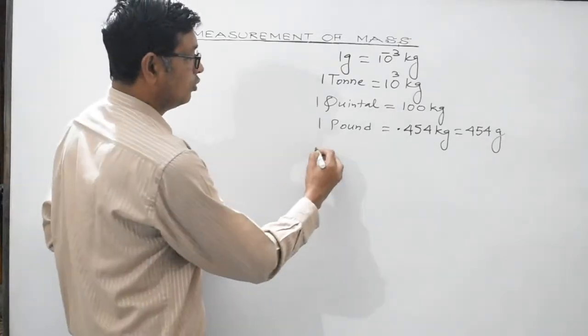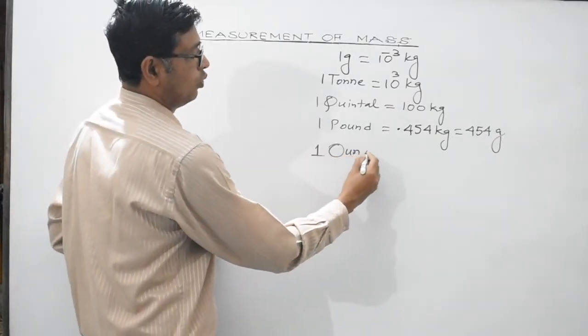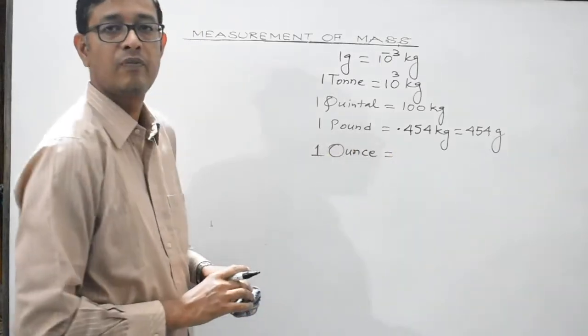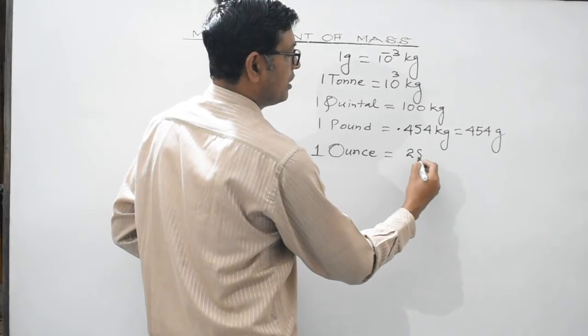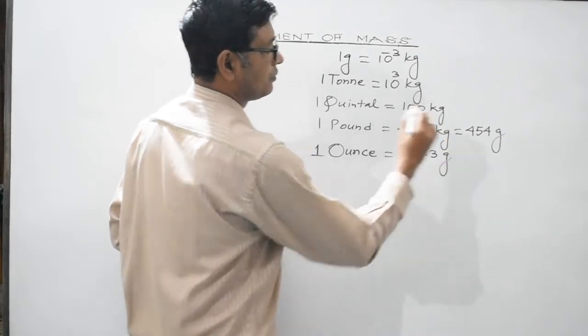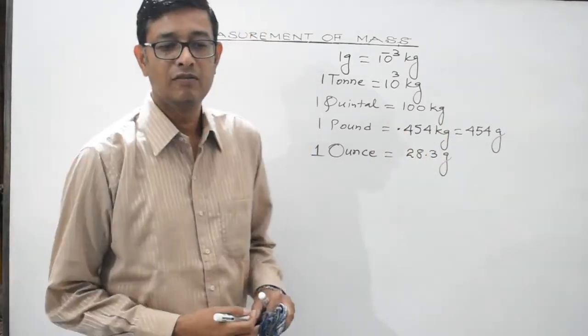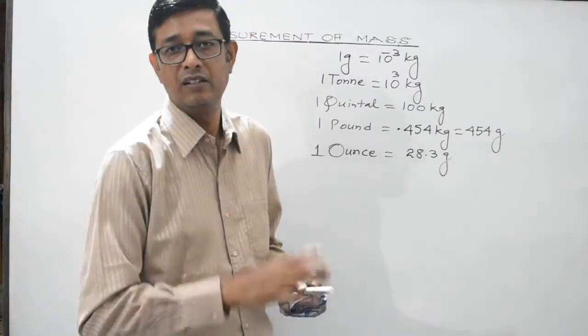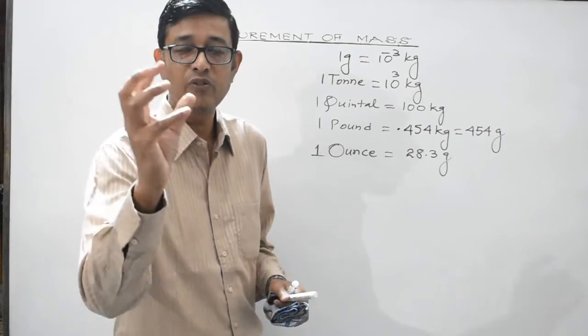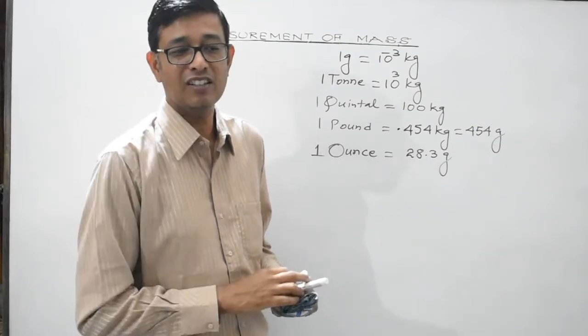Another unit is ounce, O-U-N-C-E. 1 ounce is about 28.3 grams. Now look, you all must have watched a cricket match or in fact played cricket. It is played with a cricket bat and a cricket ball, isn't it?